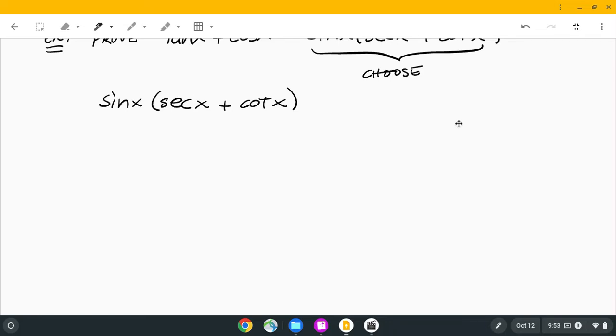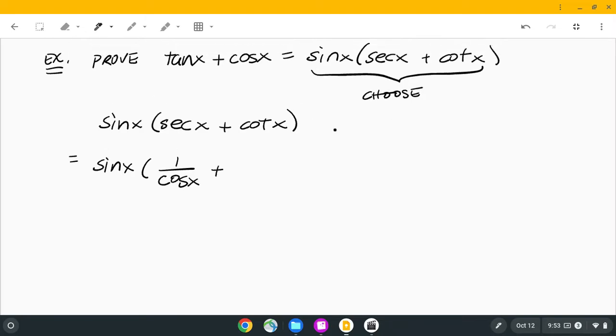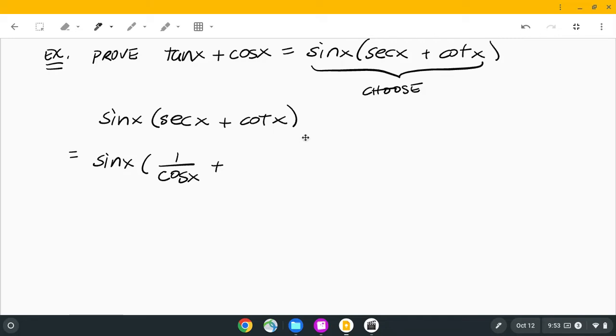So let's try to rewrite this. I'll keep this one, but secant is 1 over cosine. And cotangent, let's see, what are we trying to get it to look like? Cotangent is cosine over sine. If we're trying to get it to look like this, tangent is sine over cosine.